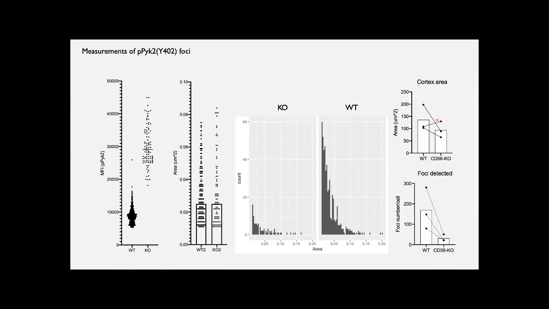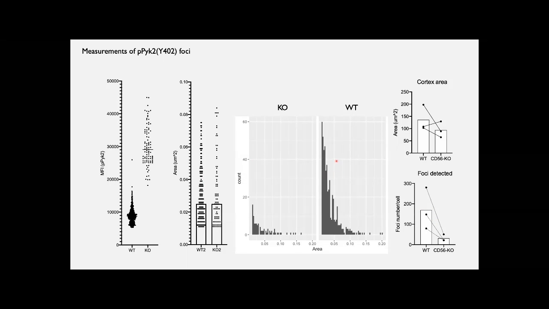When we quantify this, this is what this demonstrates to us. So first of all, we did find a slightly decreased cortex area in the CD56 knockout cells, but we find a significantly decreased number of foci that we detect of phospho-PIK2 in the CD56 knockout cells compared to the wild type. And we can see this also when we just look at the distribution of the size of these.